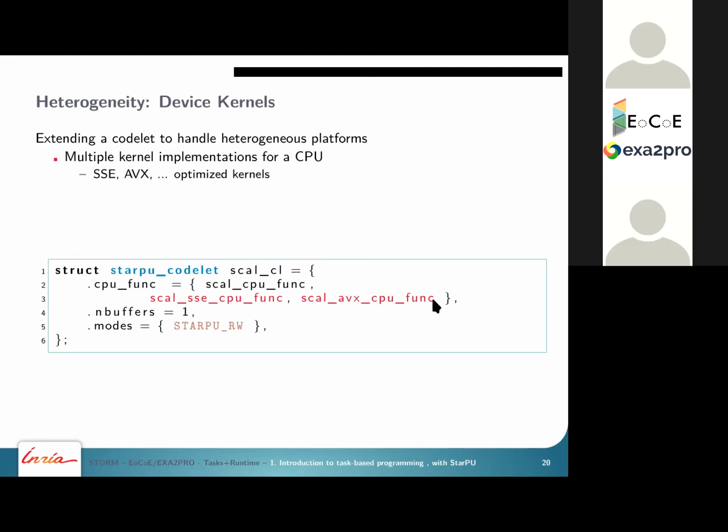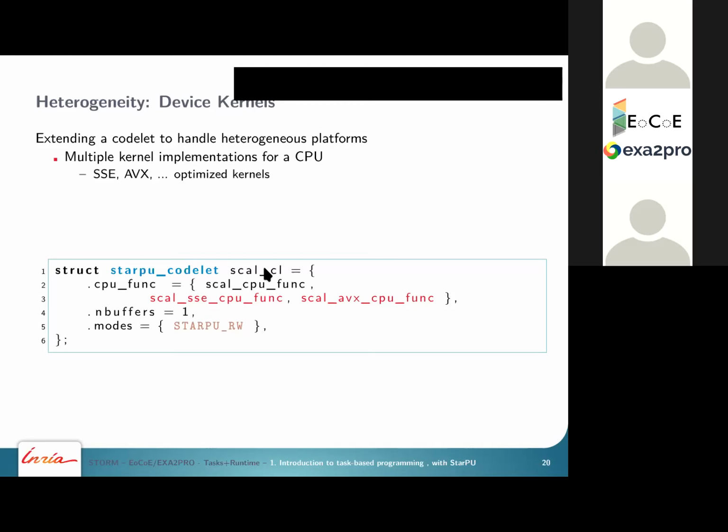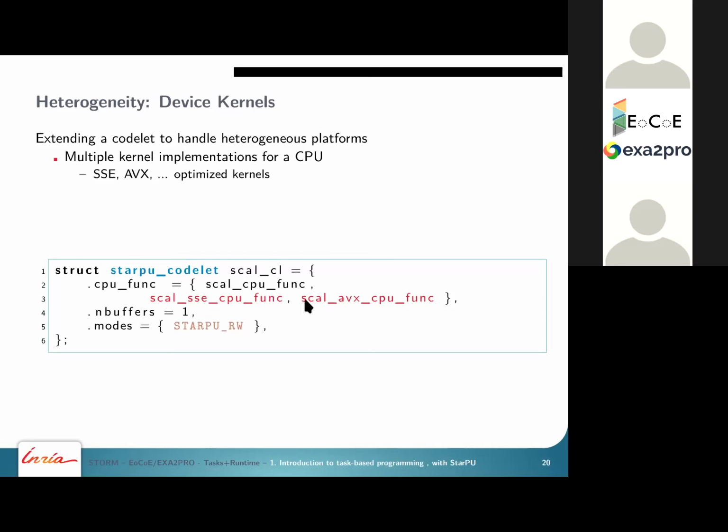So when you first run your application, it will measure how fast the different implementations are, and then select at runtime which one is fastest. Here, for instance, we have SSE and AVX. And you can also provide the information whether AVX can be used, depending on the capacities of the CPUs.